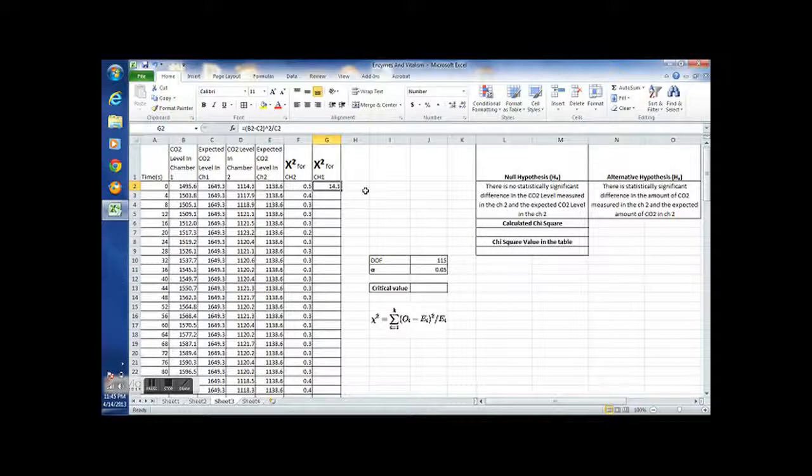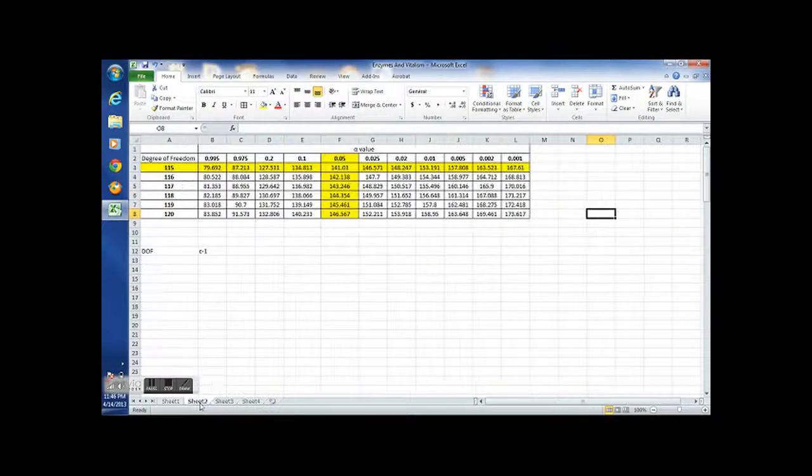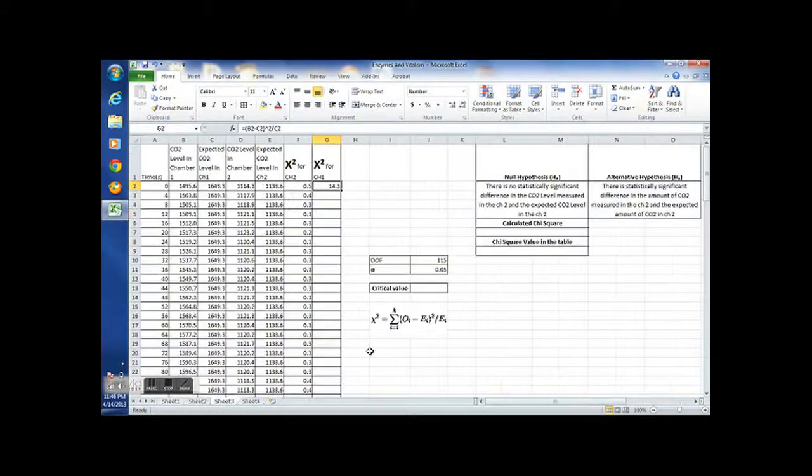Before doing this, what is my degree of freedom? 115. What is my critical value? Alpha value? 5%. What is the critical value? It is 141.03. Now I can calculate all these.